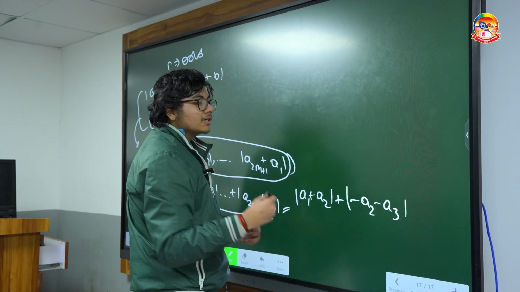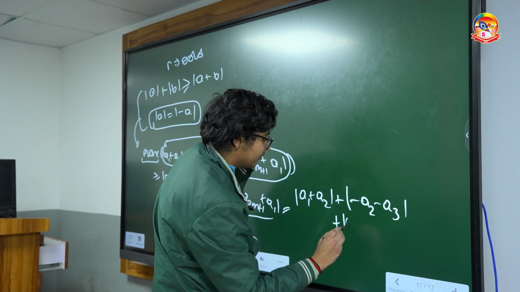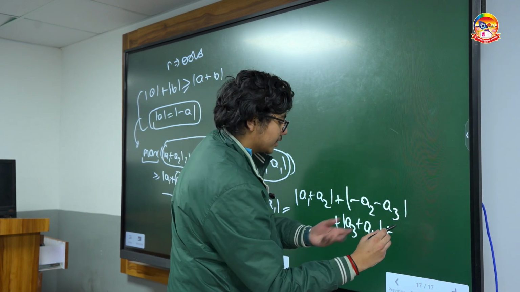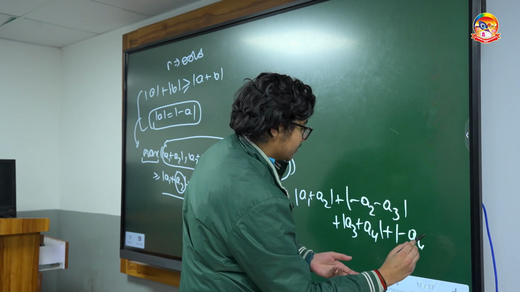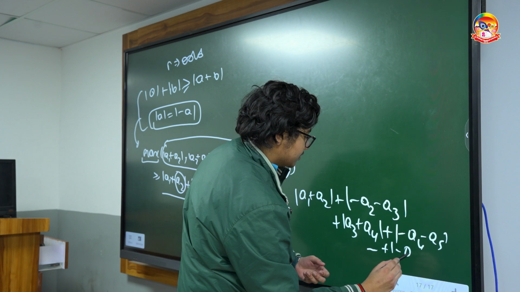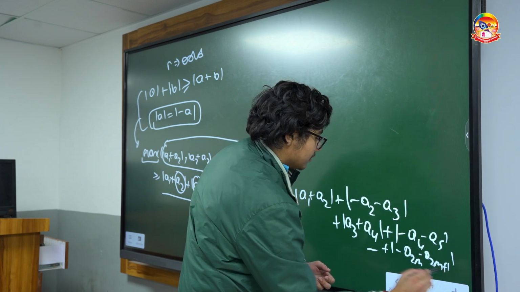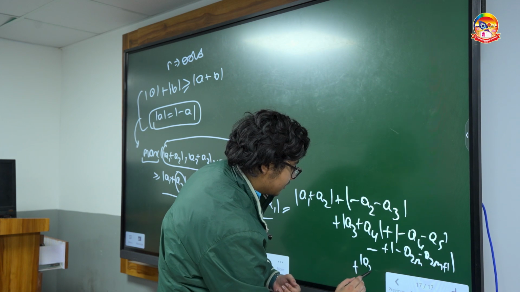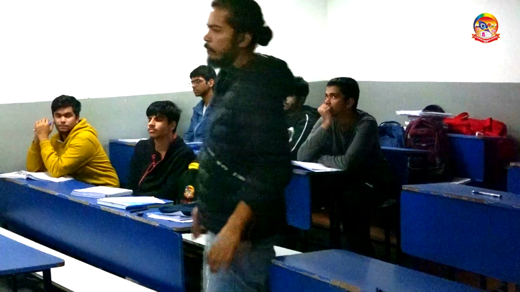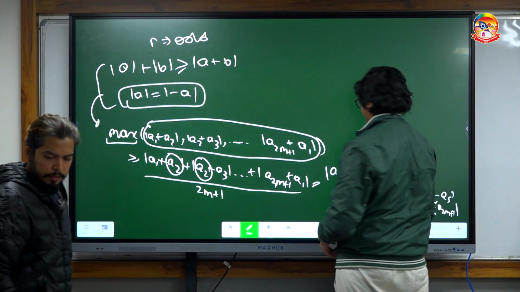Now we also feel that we can cancel this A3, so we will put A3 plus A4. And similarly, we can put the next term negative, and the last term minus A2m minus A2m plus 1, plus A2m plus 1 plus A1. This is what we are trying to do, to cancel out the terms, by using the modulus property.